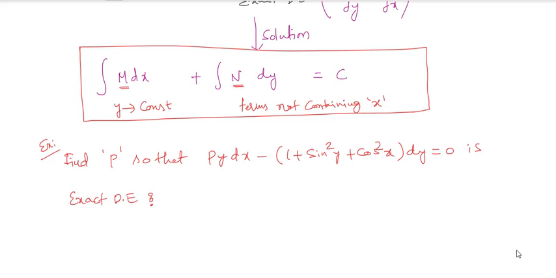Find the p so that p into y dx minus of (1 plus sine square y plus cos square x) dy is equivalent to 0 is an exact differential equation. Right?